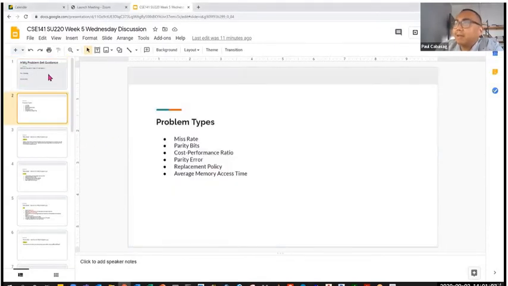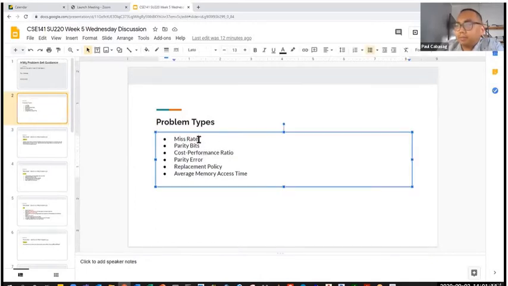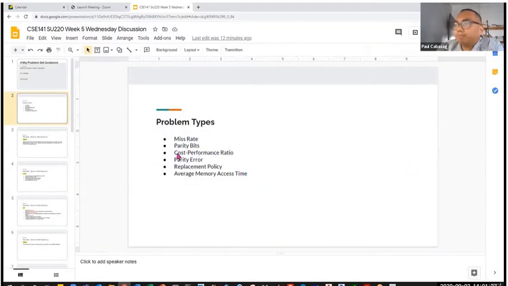But mainly, some of the problems I picked out that may be good to talk about today are the miss rate problem, which I think is one of the first ones. Then this one is, I think, parity bits, the next problem after that, 5.14. There was also a problem about cost performance ratio and comparing those depending on if you have a 64-bit or 128.